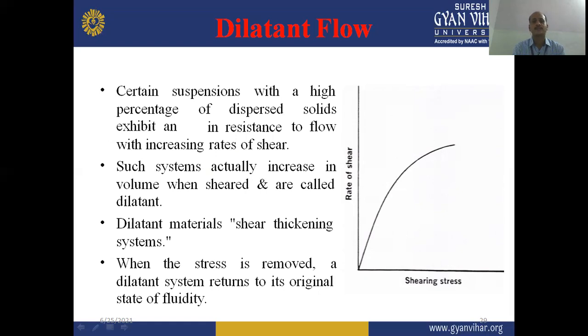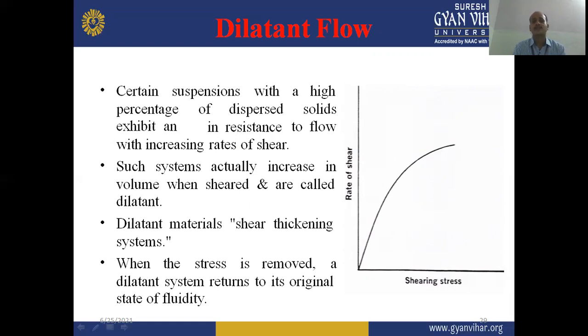So this type of suspension having a high percentage of dispersed solids exhibits an increase in resistance to flow with increasing rate of shear. Such systems actually increase in volume when sheared and are called dilatant. So why is it called dilatant? Because dilatant means expandable.